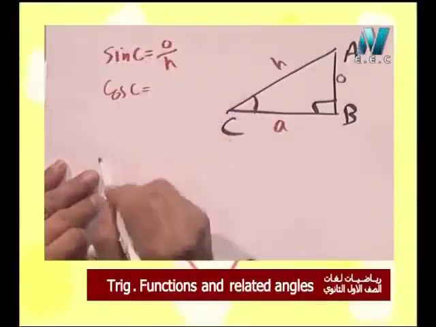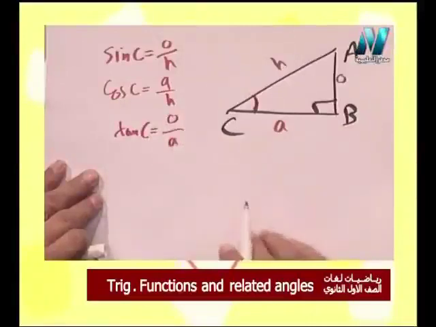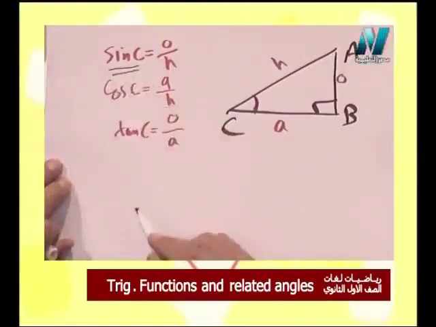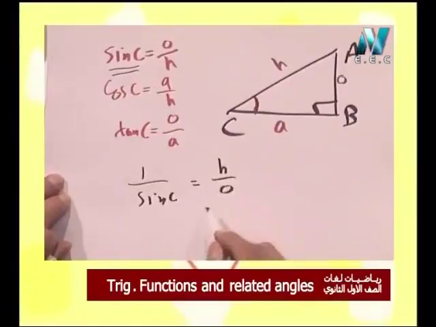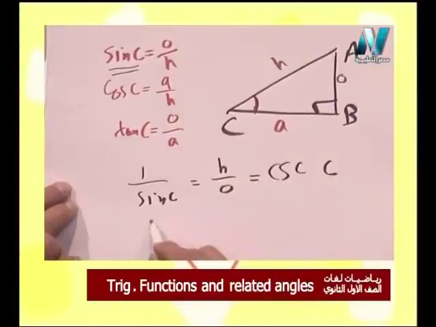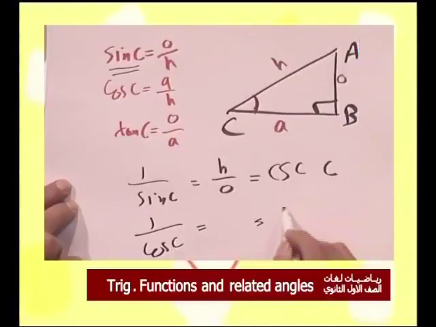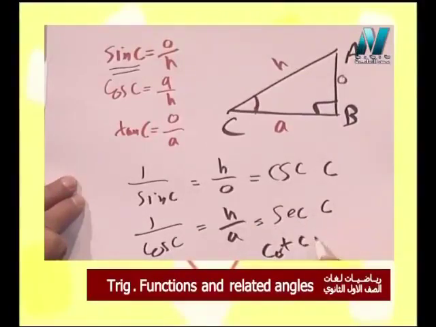But we have the reciprocal, which is the multiplicative inverse. 1 over sine C will be H over O. We call it cosec C, and 1 over cosine C we call sec C, and cotan C is 1 over tan C.